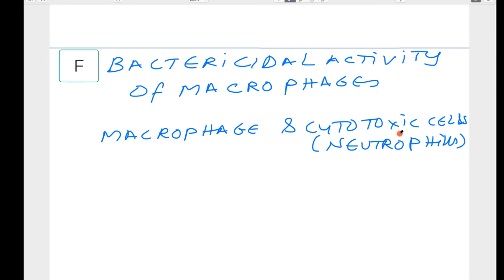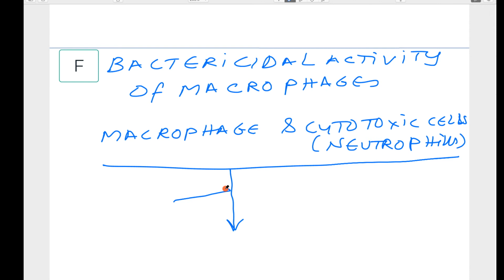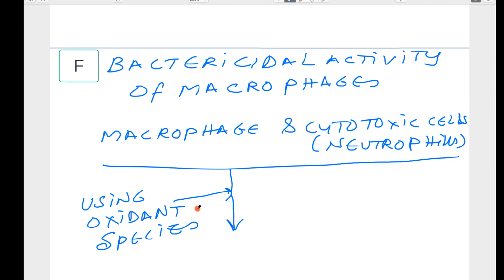These cells use free radicals, using oxidant species. Then what do they do?